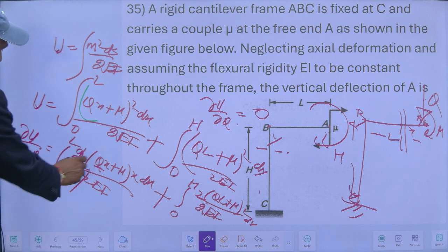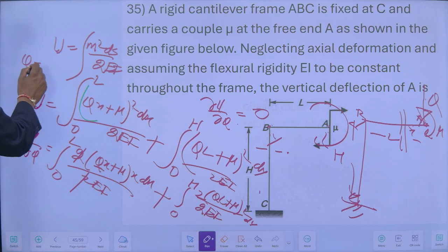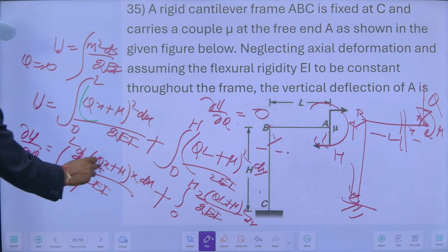Since Q is an imaginary load, I will put Q equal to 0.